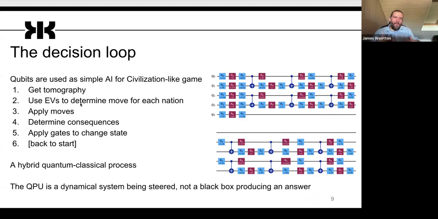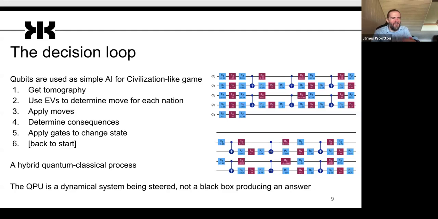And then these moves are applied within this simplistic civilization-like game. And then once you've applied the moves, you see what happened. Who has gained a city? Who's lost a city? Who has gained territory? Who's lost territory? Based on that, you then apply gates to change the state.